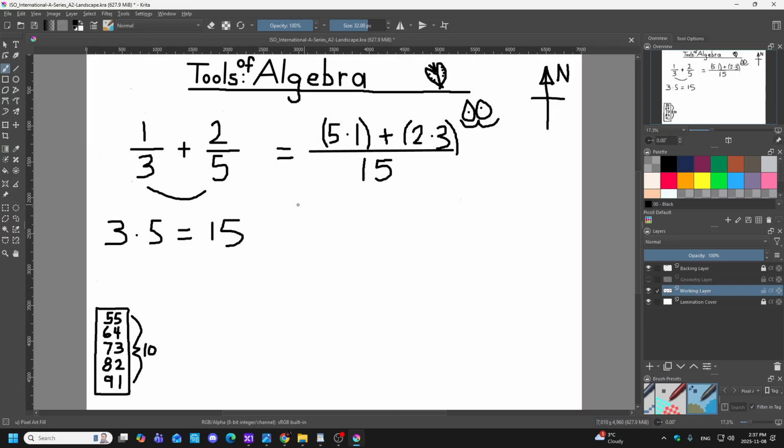Also, with an addition sign or a subtraction sign, I always do this imaginary fence. This is a left-hand side, and this is a right-hand side. We always do the multiplication first on the left-hand side, and then the multiplication first on the right-hand side.